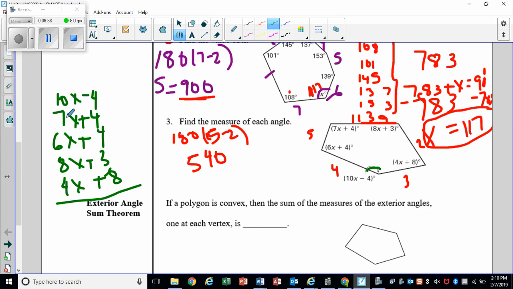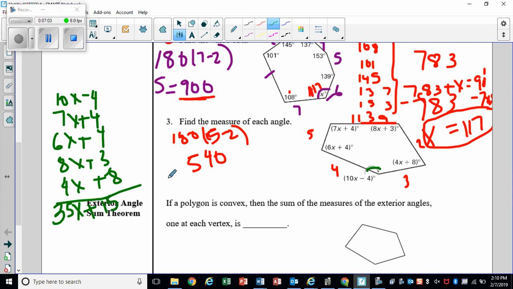So now I'm going to add up the x's first. So 10 plus 7 is 17. 17 plus 6 is 23, plus 8 plus 4. That should give you 35x. Okay, and then we have negative 4 plus 4 is 0, 4 plus 3 is 7, 7 plus 8 is 15.